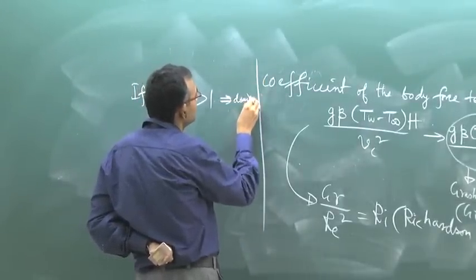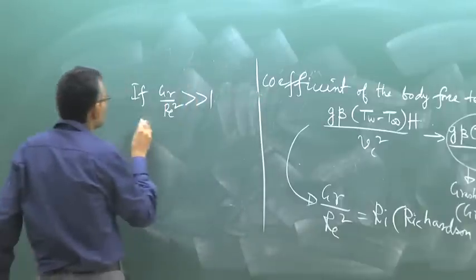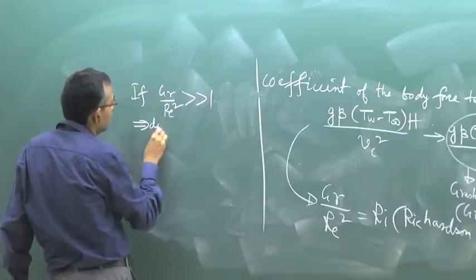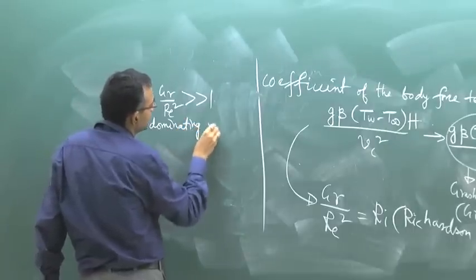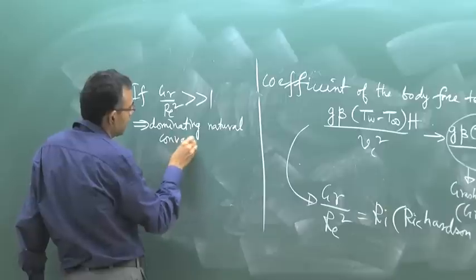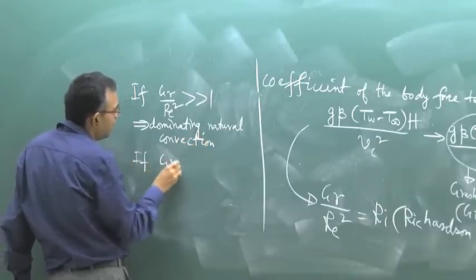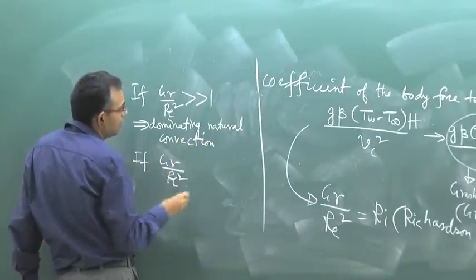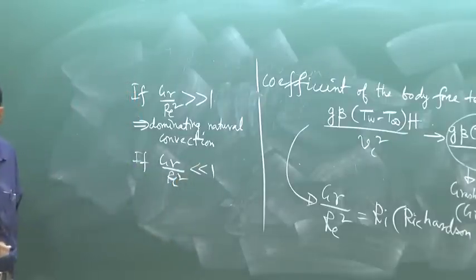Dominating natural convection. If Grashof number by Reynolds number square is much less than 1, then that means what?